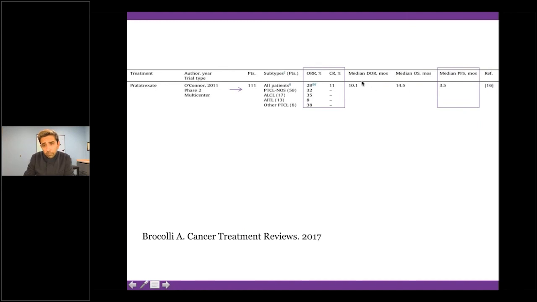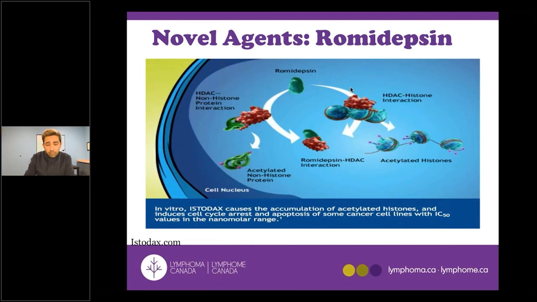I mean, for those who respond, their median duration of response is about 10 months, but the average time from starting treatment to perhaps recurrence is about 3 months. So even though the drug is available, it may not be associated with robust outcomes.